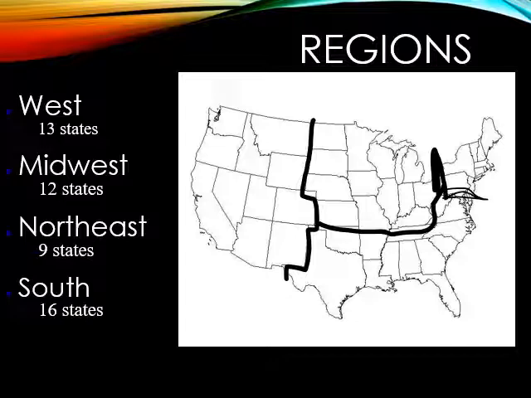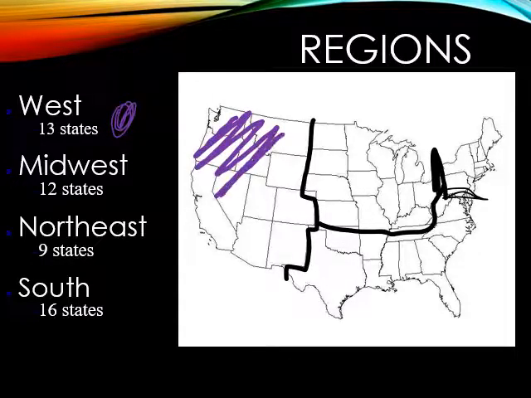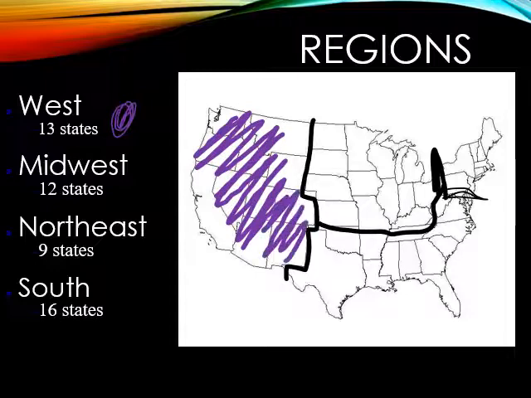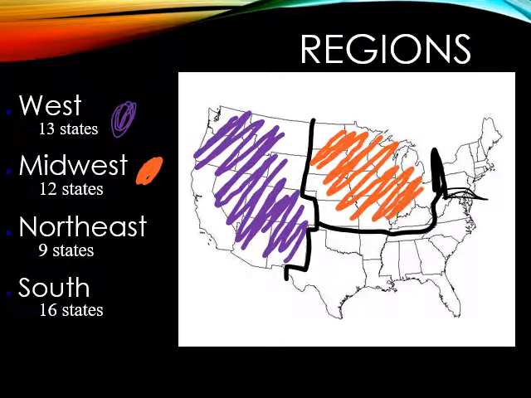And so if I want the west to be purple, then this area, which is the west, I'm going to color in purple. If I want orange to be the Midwest, I'm going to color in these 12 states as the Midwest. If I want the Northeast to be green, I'll color in these 9 states of the Northeast as green.